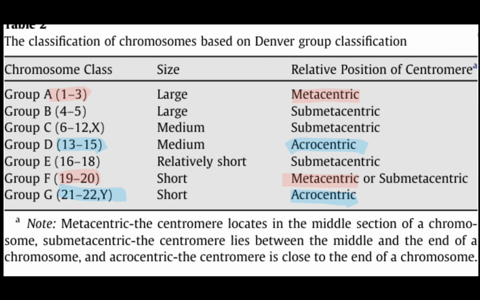The rest are submetacentric. How will we remember? Imagine we are taking the numbering 1 to 20. So the first 3 and last 2 are metacentric. Then the acrocentric ones we will take are 13 to 15 and 21, 22, and Y.